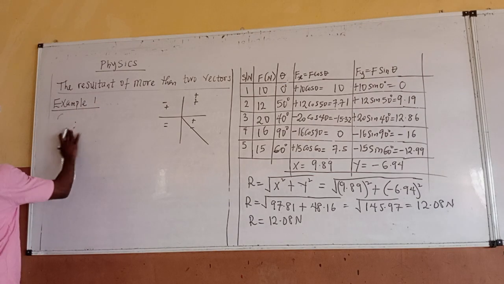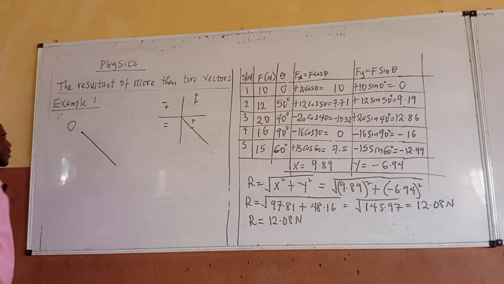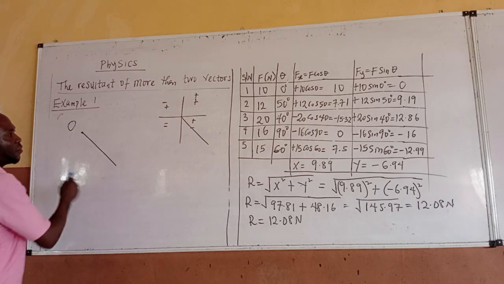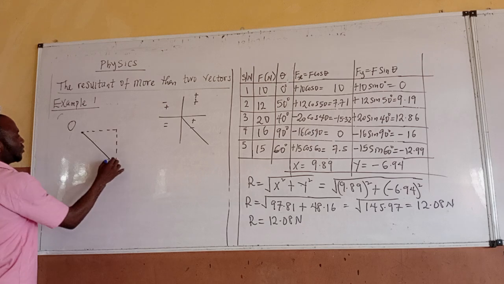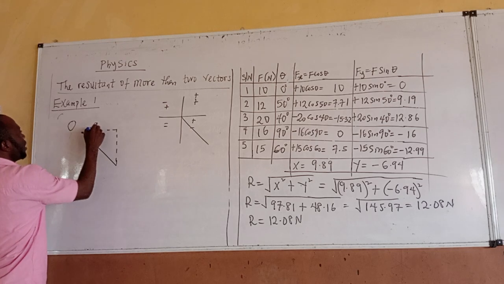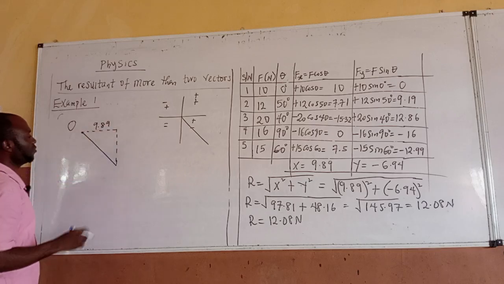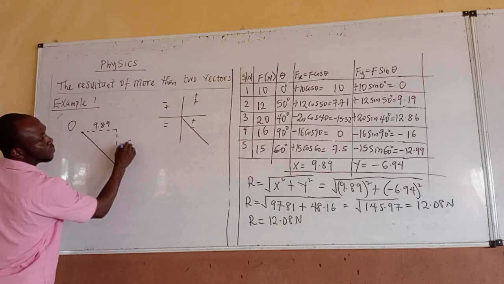You're going to have the direction starting from point O, then it will go like this. Are you getting that? You start from x first, so your x-axis is positive. It first goes like this. That is 9.89. And then the y-axis, minus 6.94.